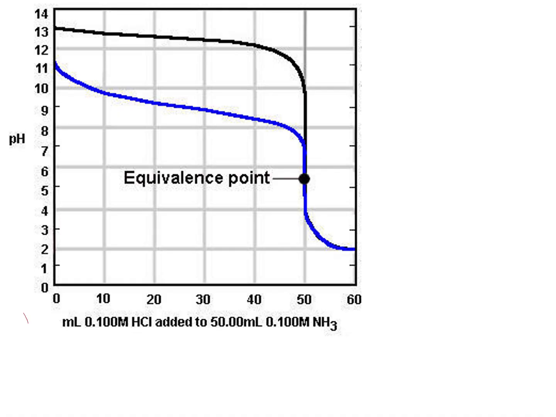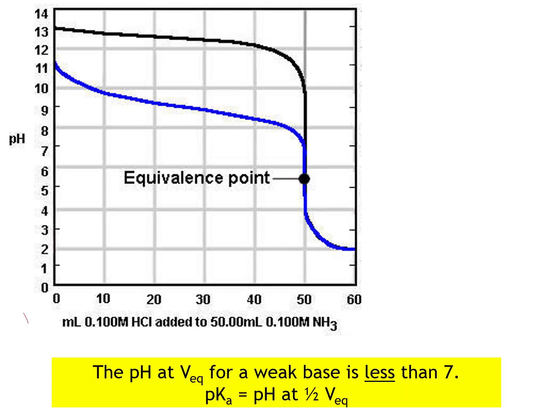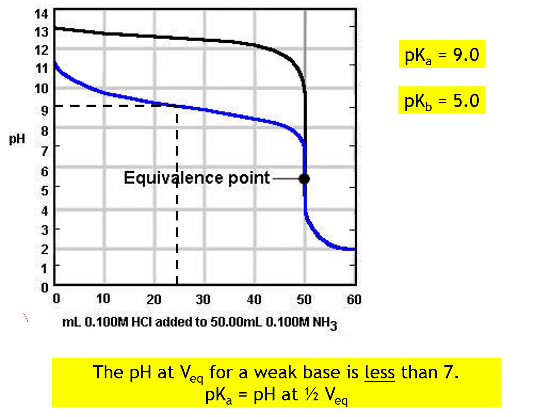We have the equivalence point marked for the weak base. Notice that its pH at the equivalence point is below 7. So again, a weak base is less basic than a strong base, so everything gets pushed down on the pH axis.